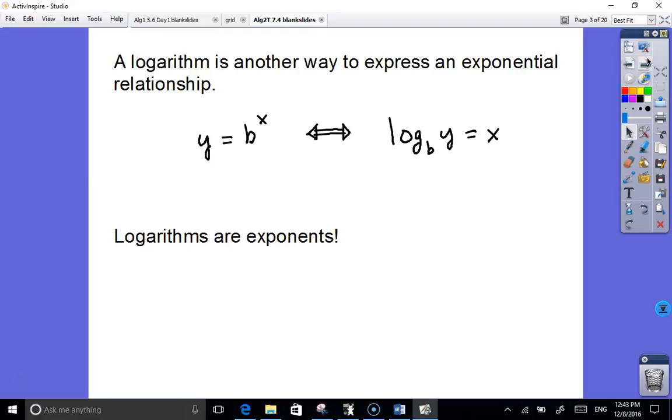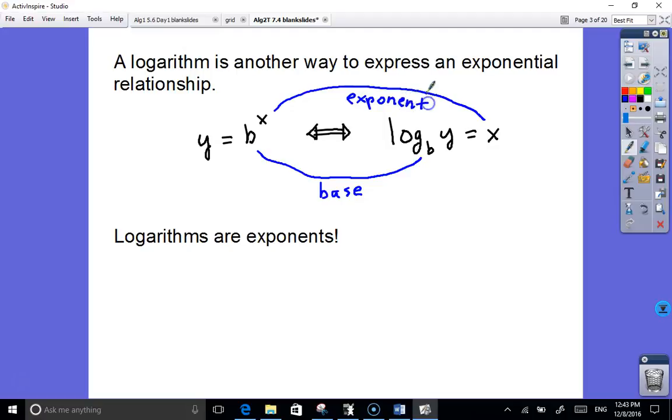Right, so notice that the b is the base of the exponential, is also the base of the logarithm. The exponent for the exponential is actually what the logarithm equals. So actually logarithms are exponents.